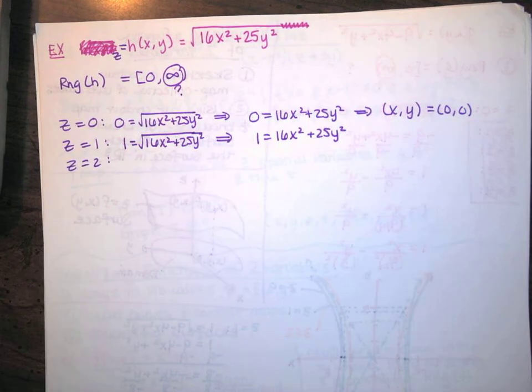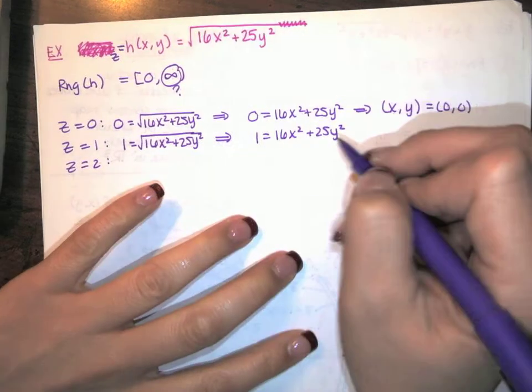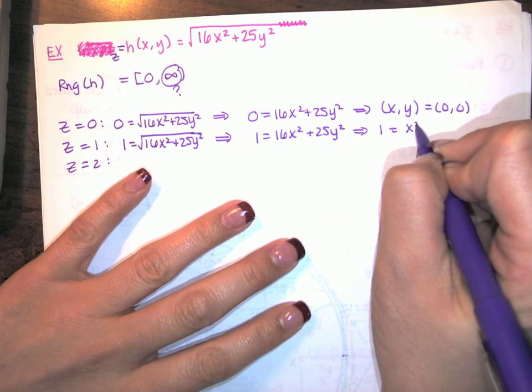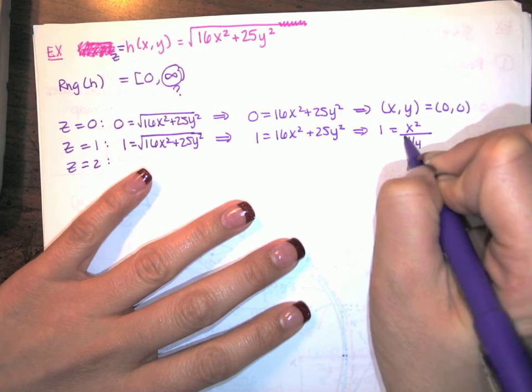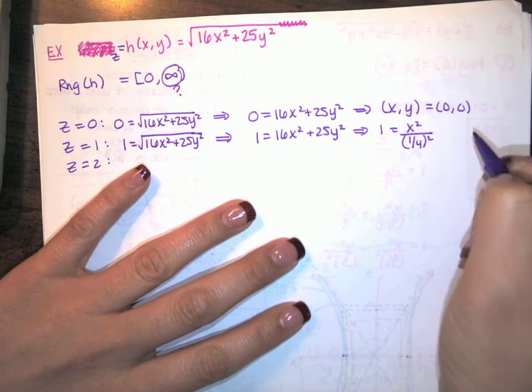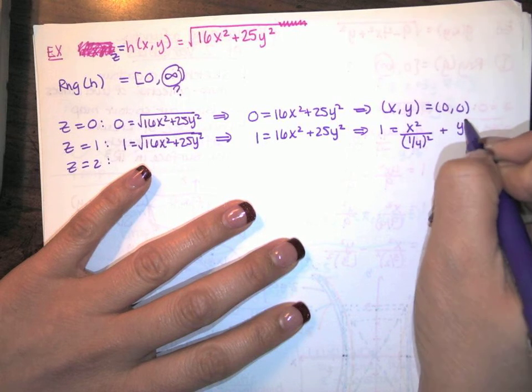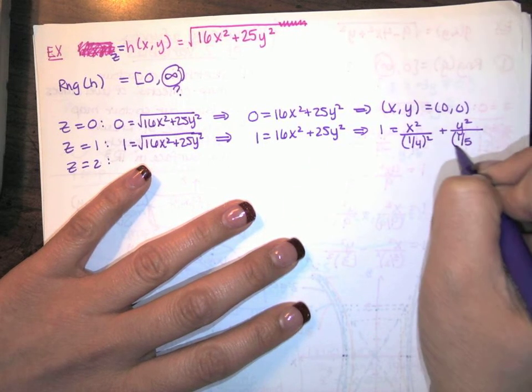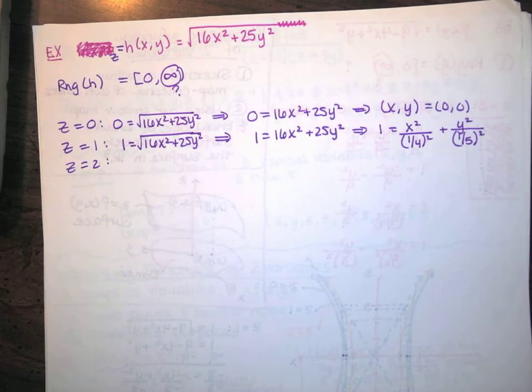What does that look like? Well, if I rearrange it, multiplying by 16 is the same as dividing by 1/16, or 1/4 squared. Multiplying by 25 is the same as dividing by 1/25, or 1/5 squared. So that's an ellipse. It's a very small ellipse.